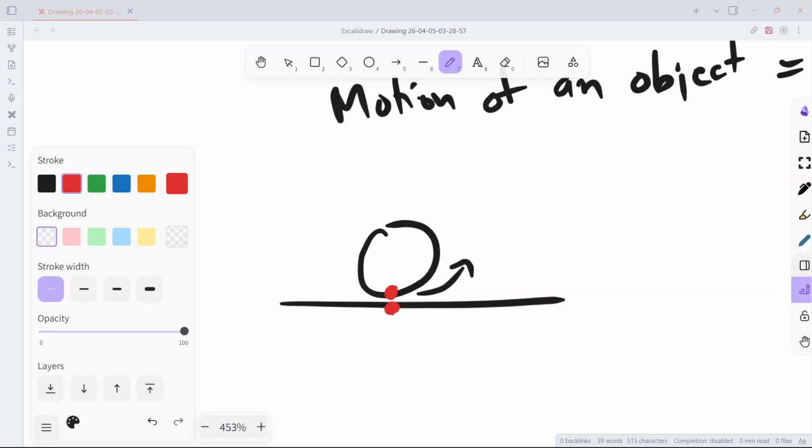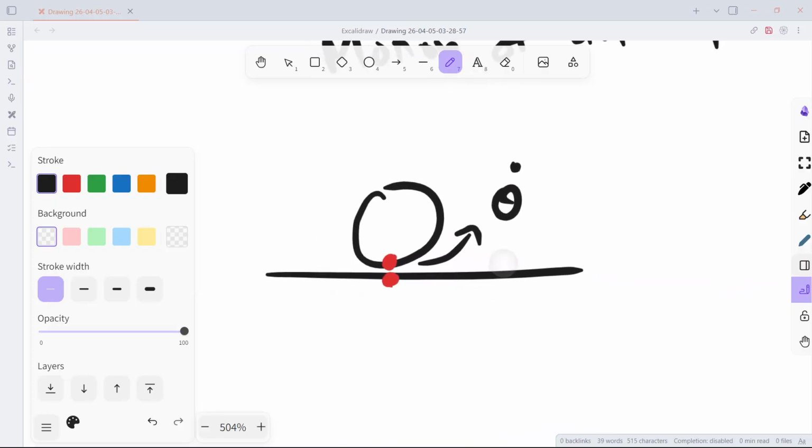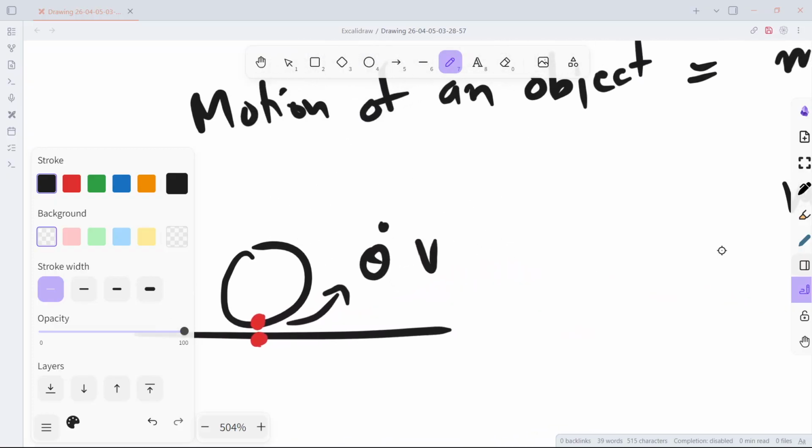And if we consider that we are moving at some angular velocity theta dot, this is the bottom point B, this is the point E of the ground, then what is the velocity at the bottom?